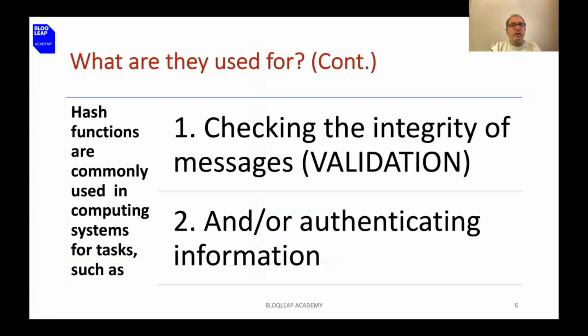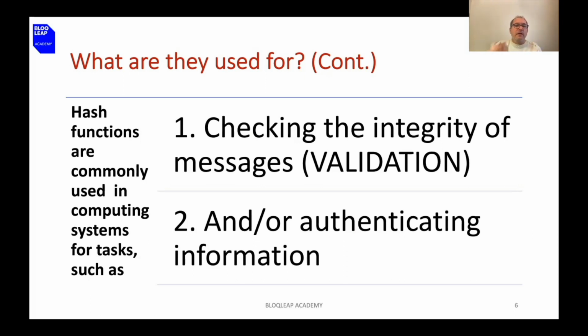So what are they used for? Why do you need cryptography? I think now you understand why you need it. Bitcoin is a cryptocurrency, so you need it in order to encrypt, but you also use it to do two other things inside the blockchain.